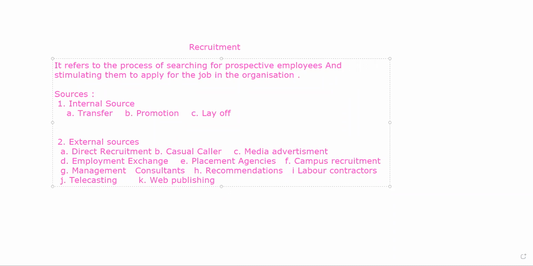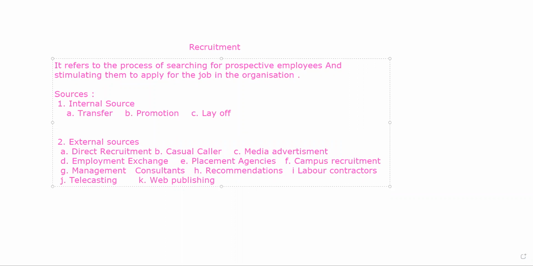So this process of recruitment is known as the layoff. These are the internal sources of recruitment, in which prospective employees are applied for the job from the organization only, inside the organization, not from the outside.